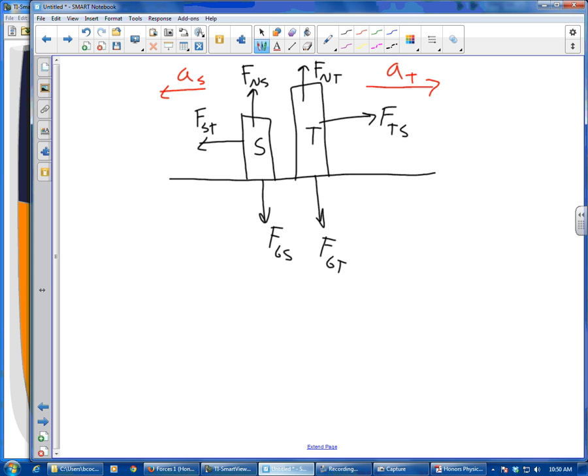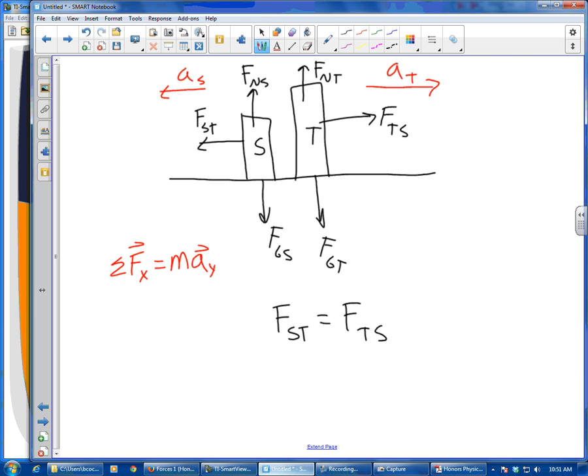So, one relationship we know here is that the force on the sister due to Tom equals the force on Tom due to the sister. And we can also look over here and say the sum of the forces in the x is MA.